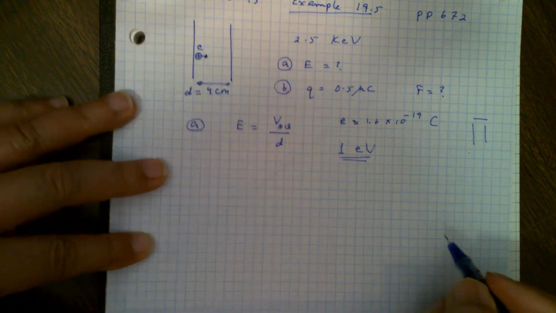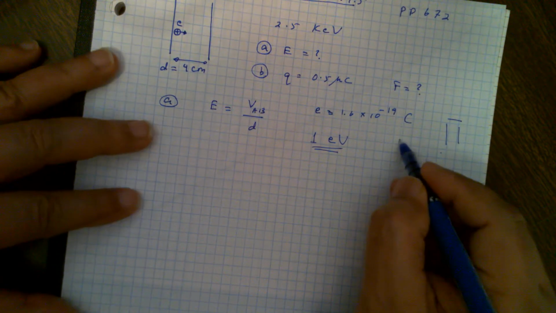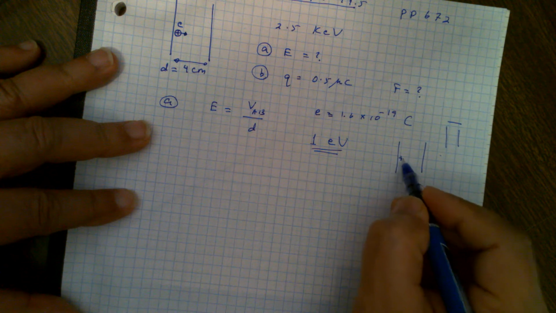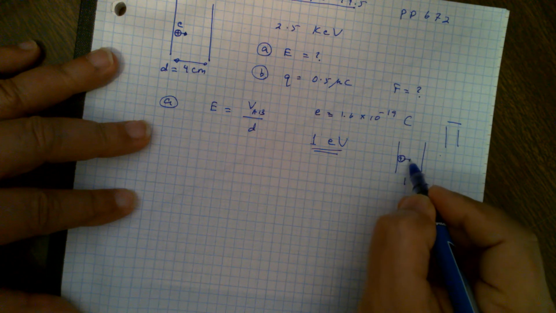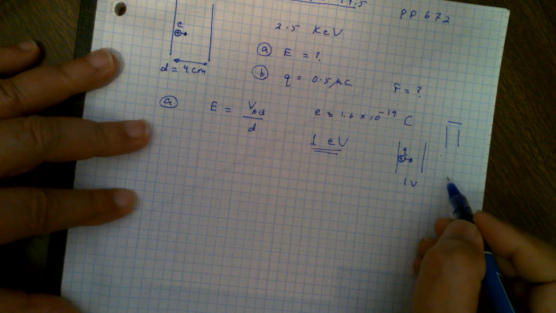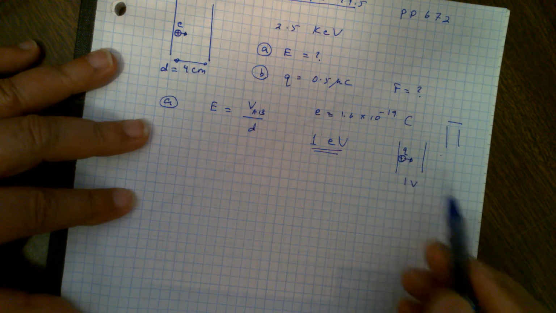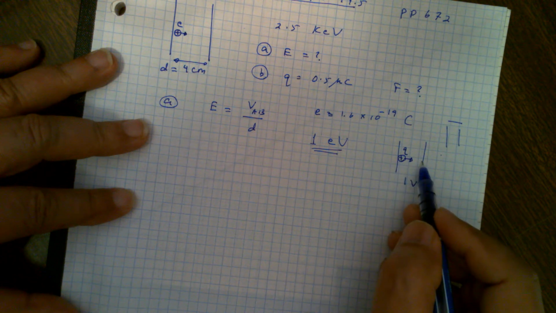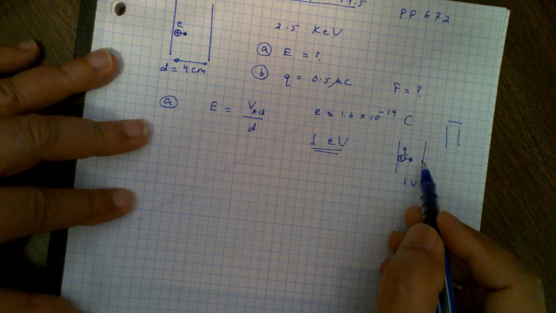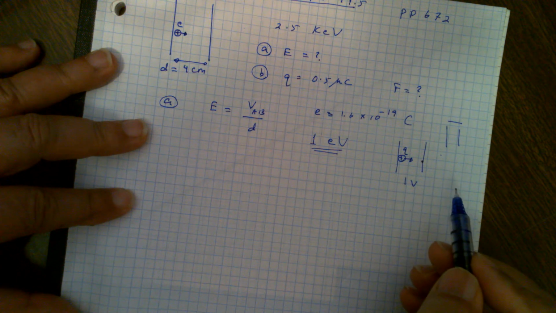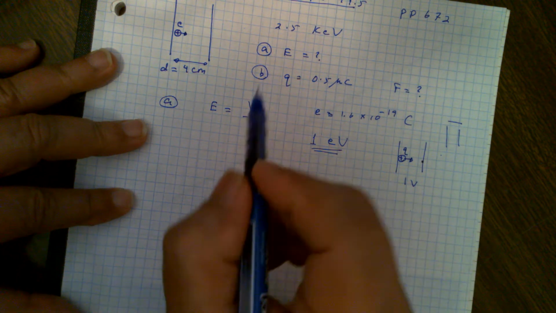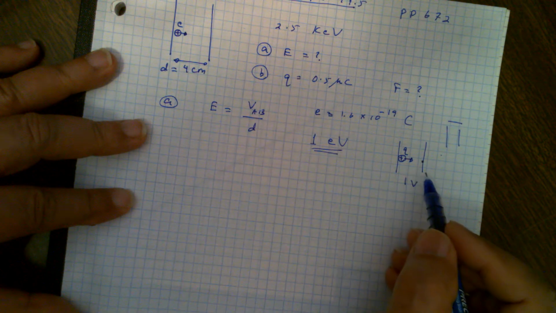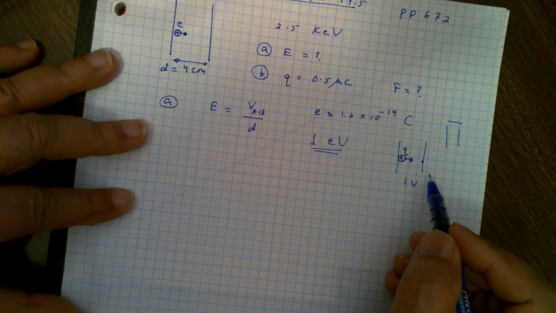All right? So let me explain again. If the two plates have voltage difference 1 volt, and you move a positive charge Q equal to electronic charge, then the energy it gains once it gets to this plate is 1 electron volt. So now the energy it gains in this problem is 2.5 kilo electron volt. That means the voltage difference must be 2.5 kilovolt.